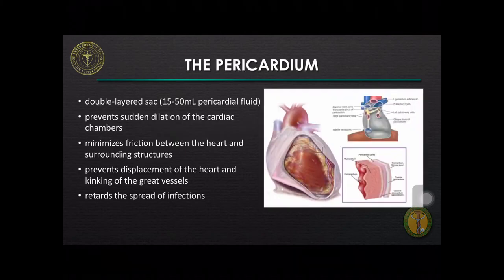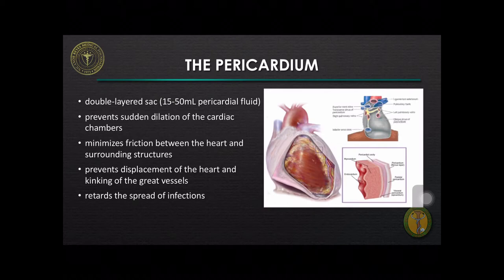Before discussing the different disease entities, let us review first the anatomy and normal functions of the pericardium. The pericardium is also called the pericardial sac, which is a double-walled sac containing the heart and the roots of the great vessels.